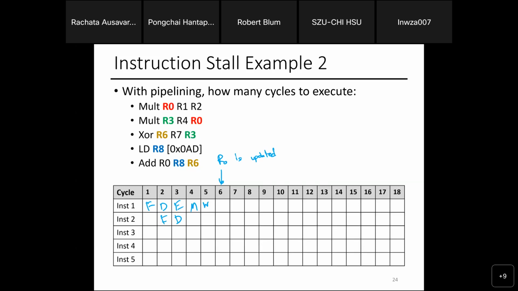So the register file has R0 feeding into the wire, right? That wire goes directly to the pipeline register between the decoder and execute unit. So if I clock, is it okay? Can I move to the execute? Yes. So I can execute here, right?